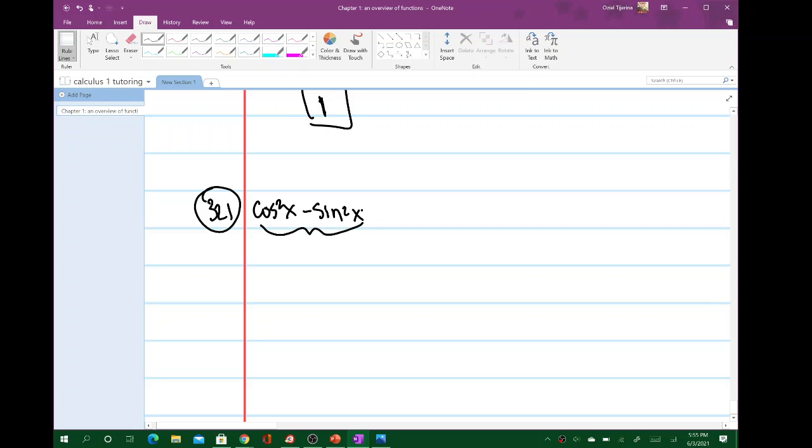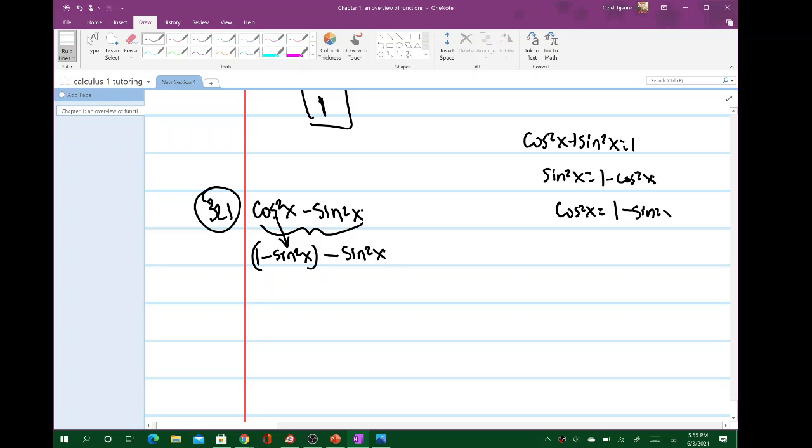So this can be equal to cosine squared x minus sine squared x, because remember the trig identities: cosine squared x plus sine squared x equals 1, so sine squared x equals 1 minus cosine squared x, and cosine squared x equals 1 minus sine squared x.